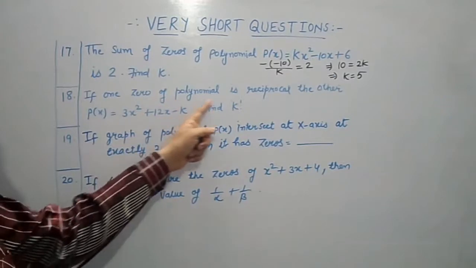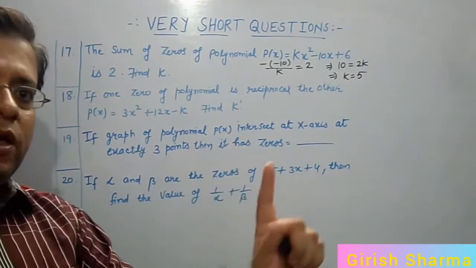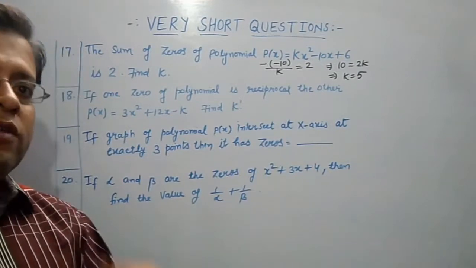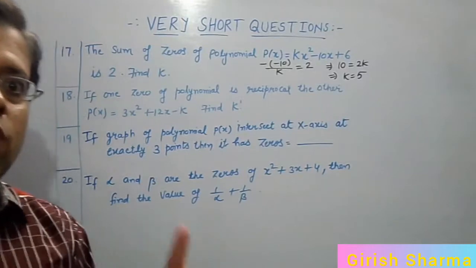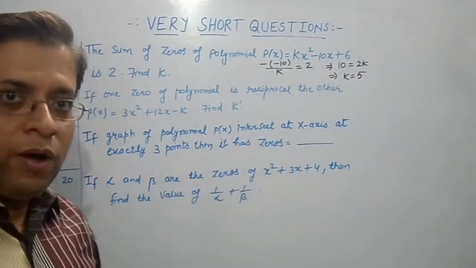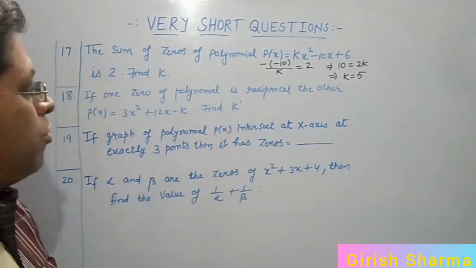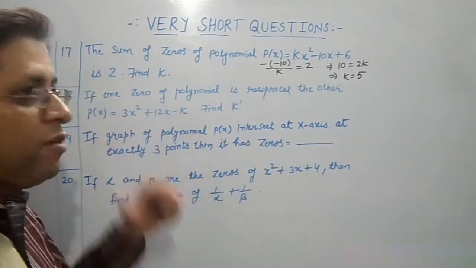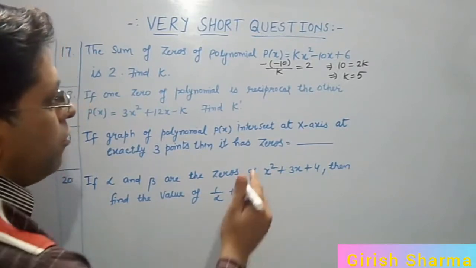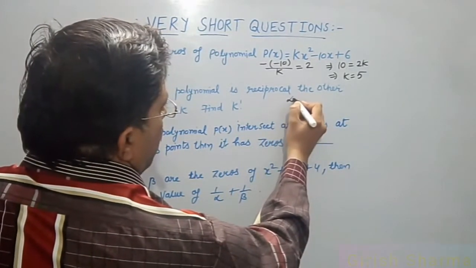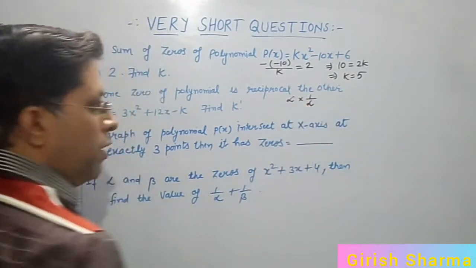Come on, the next. If one zero of the polynomial is the reciprocal of the other, let that one zero be alpha. What is its reciprocal? Tell me. The reciprocal of alpha is 1 upon alpha. Both are reciprocals of each other, and p(x) is given to you. What is product of zeros? c upon a. One zero is alpha, the reciprocal is 1 upon alpha.